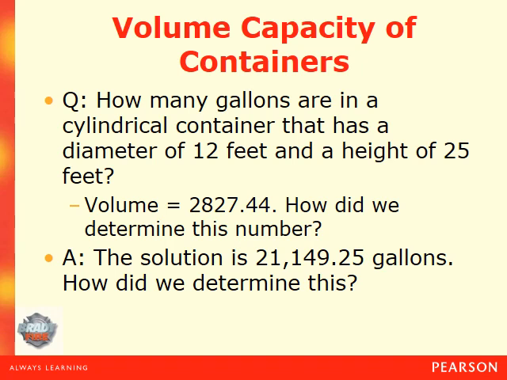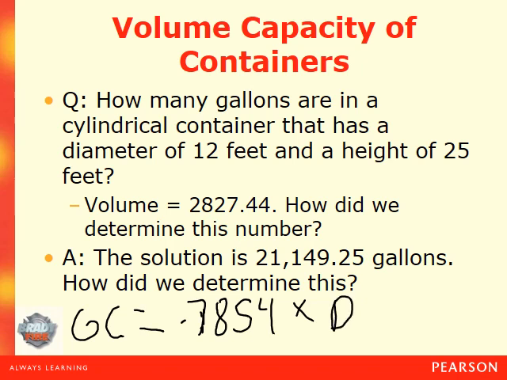So let's look at our formulas here. First, the gallon capacity formula: GC is 0.7854 times the diameter squared times height.